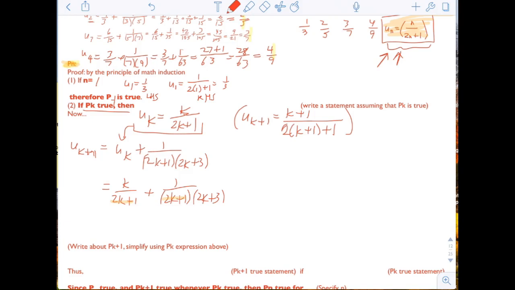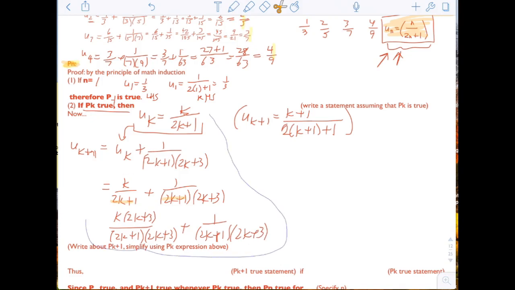Now we just need to multiply the left side by 2k plus 3 on the top and the bottom. Then we'll get k times 2k plus 3 over 2k plus 1 times 2k plus 3, plus 1 over the same common denominator.